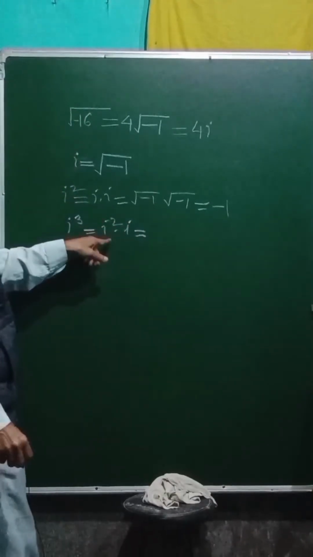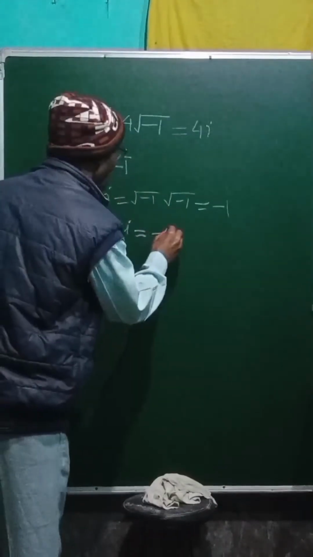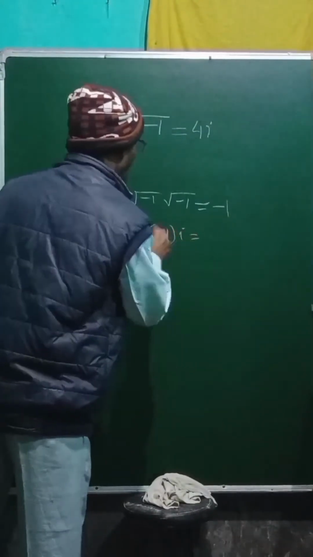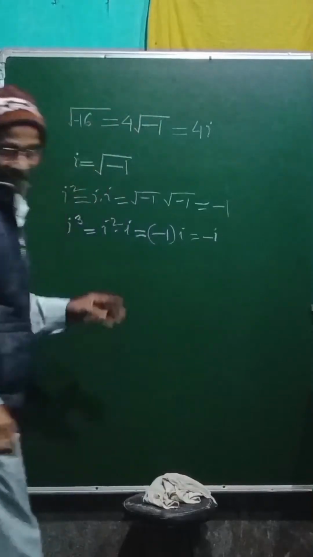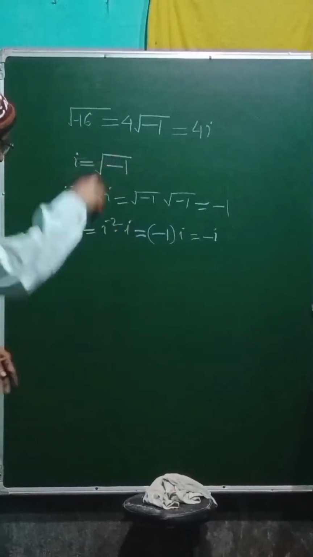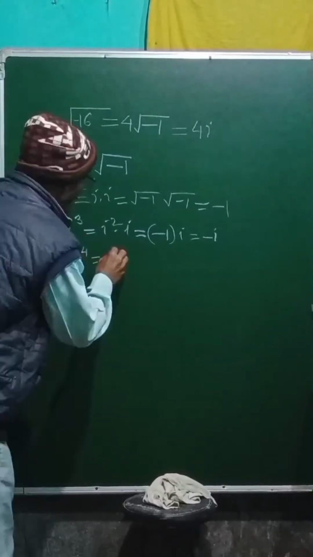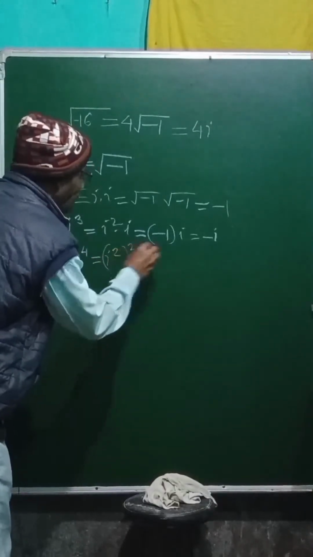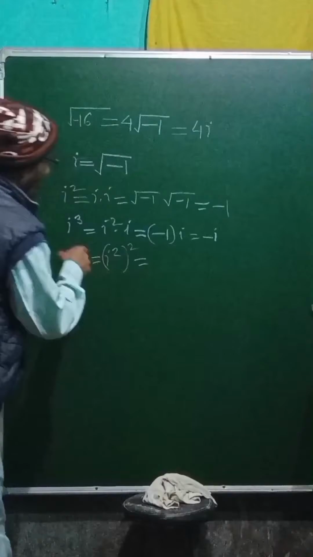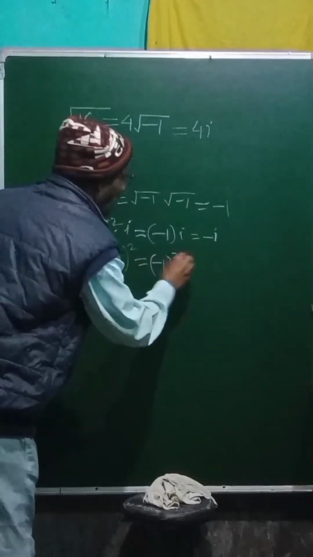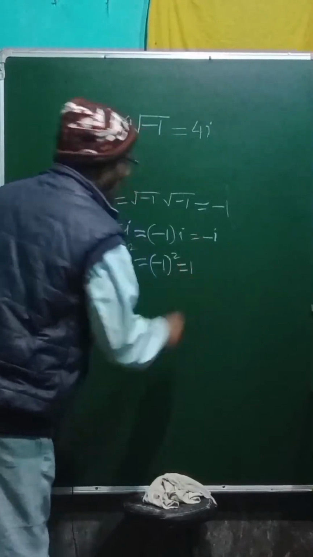Already we have got iota square is equal to minus 1, and the remaining iota we keep as iota, so we can write minus iota. Then come to iota to the power 4. We can write iota square whole to the power 2. Here iota square we already have as minus 1, and then squared equals 1.